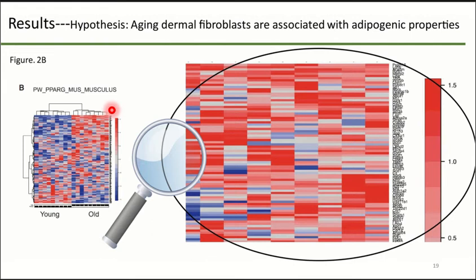First, our comparative gene expression analysis shows that the signaling pathway downstream of PPAR gamma, the main regulator of fat formation, was higher in old fibroblasts. PPAR gamma is associated with obesity since it is involved in the generation of adipocytes.